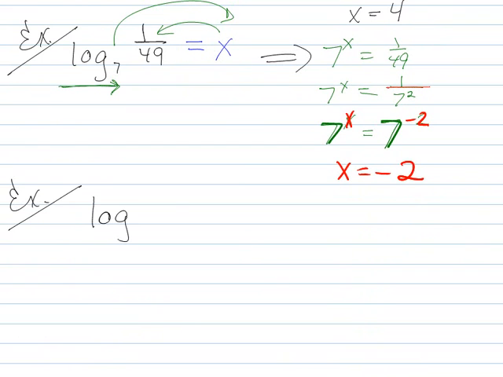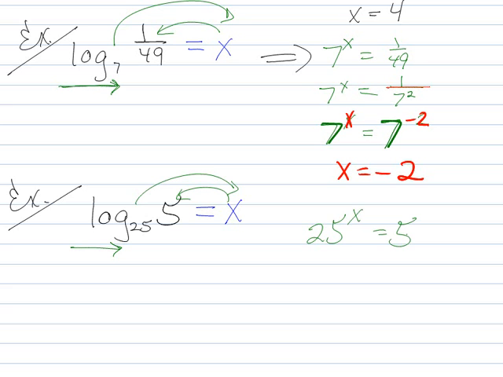Alrighty. Log base 25 of 5. And we're going to say that's x. Reading from left to right, 25 to the x equals 5. This one might give you a little bit of pause, because I'm not really sure what's going on here.